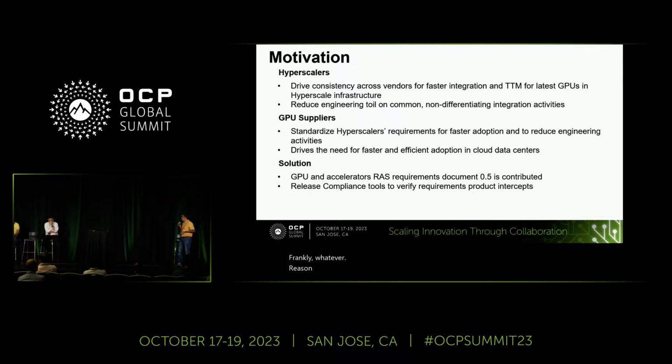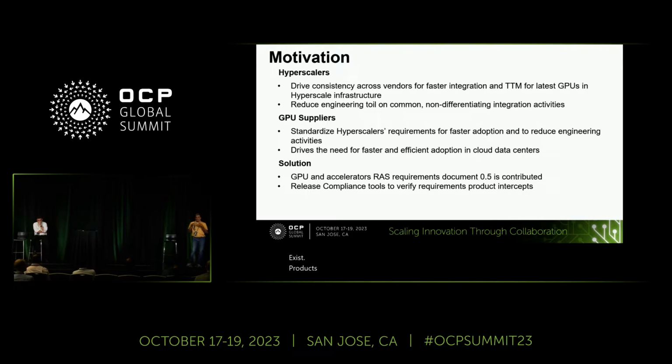So back in 2022 Q4, Google, Microsoft, and NVIDIA came together so that we can harmonize the requirements that would help vendors deliver products which meet the requirements rather than having design variations. It increases the velocity from our side to get the products out, and it also helps hyperscalers have predictable interfaces to integrate with.